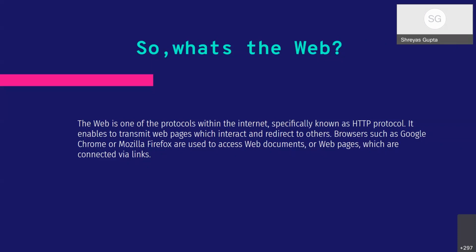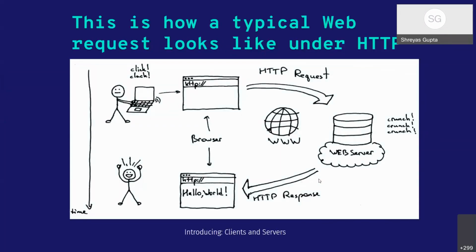That is what a protocol is. There are many different protocols: there is the FTP protocol, there is SMTP, and one of them is HTTP, which is used in the web. So browsers such as Google Chrome and Mozilla Firefox access web documents and web pages through this protocol, HTTP, and that is what the web is, right?